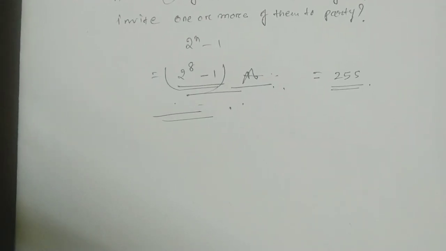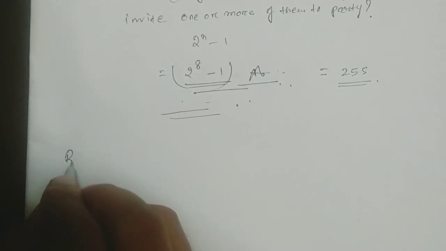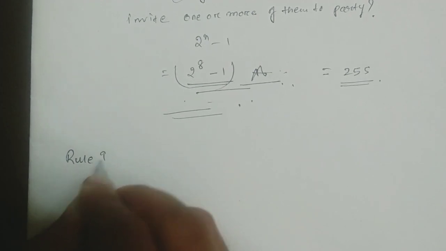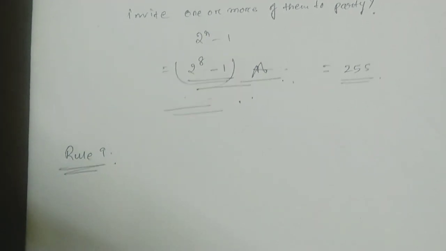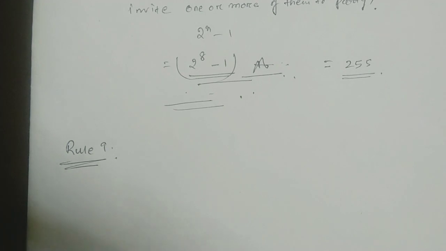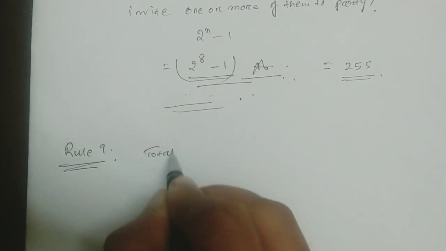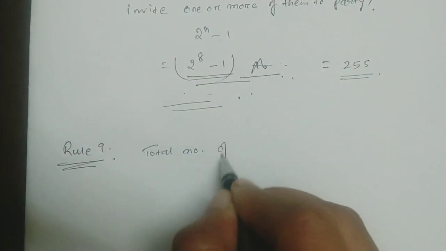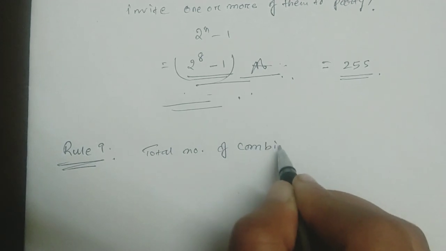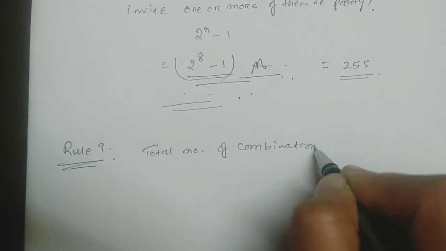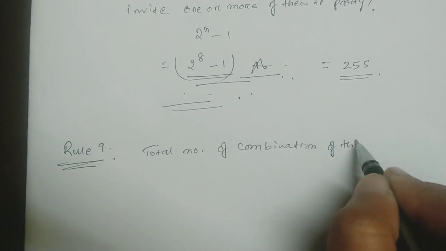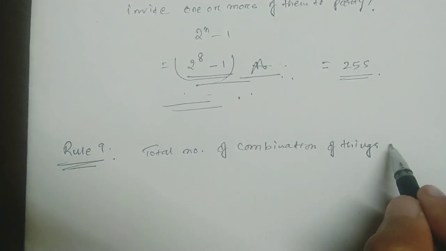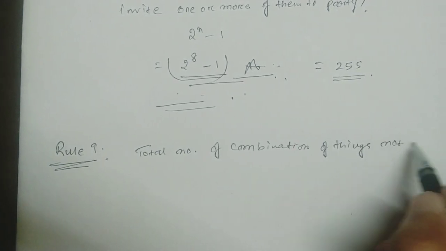Now let us go to the next rule. Rule 9. Now it talks about the total number of combinations of things not all different.